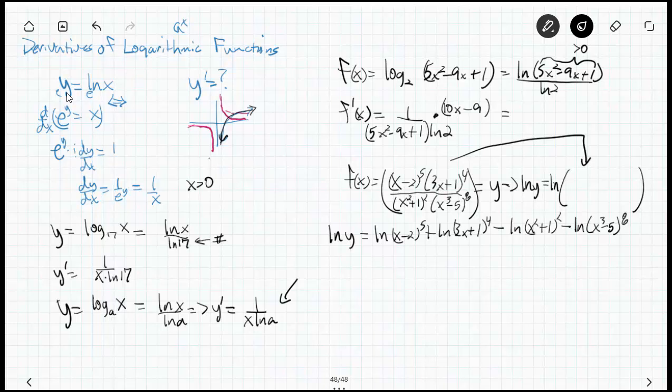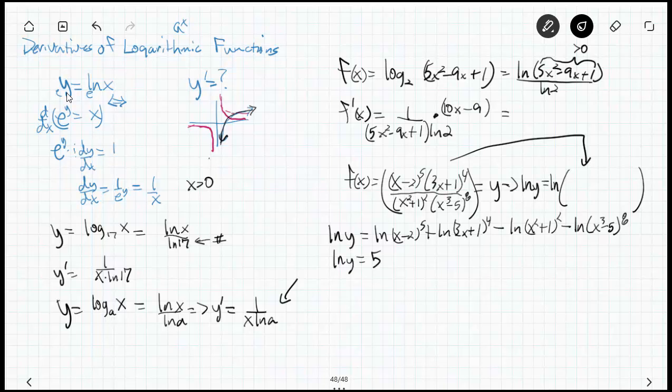Now, let's make sure we understand what happened there. I used the laws of logarithms to split this thing up. So now instead of having all these products and quotients, I have sums and differences. We love sums and differences because the derivative of a sum is the sum of the derivatives, and the derivative of a difference is the difference of the derivatives. But wait, there's more. It's like the Ginsu knives. I also know that in this case, the natural log of y is equal to, now you ready? Remember the rule about exponents?